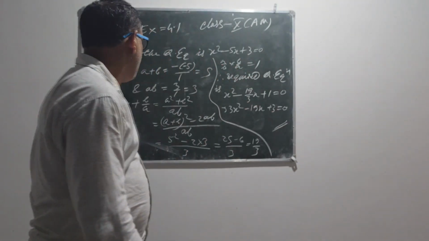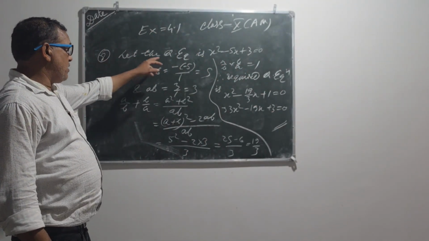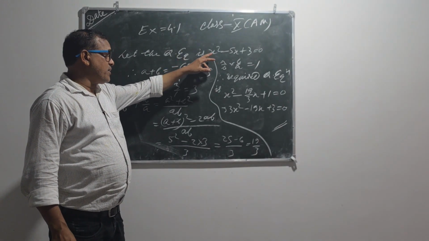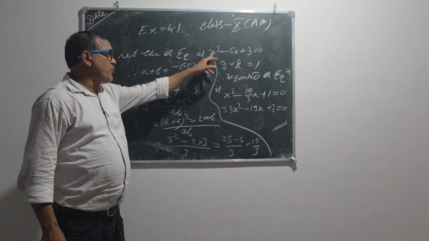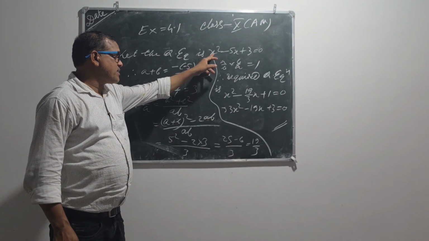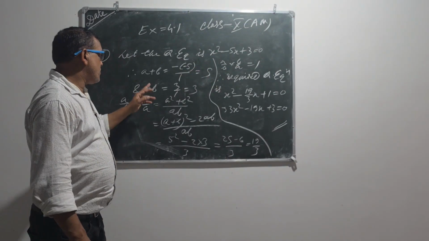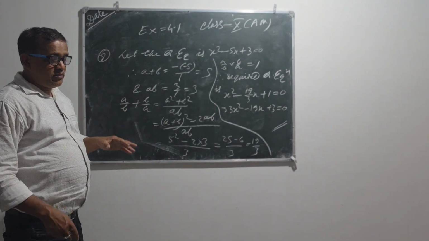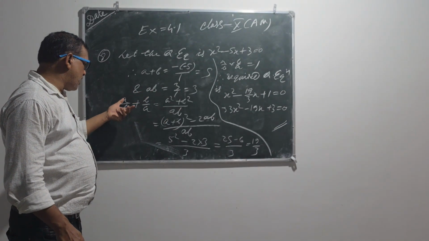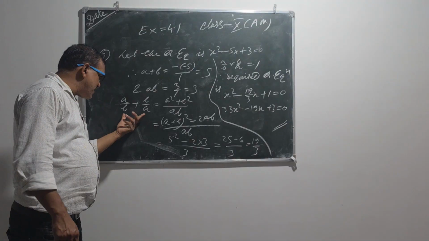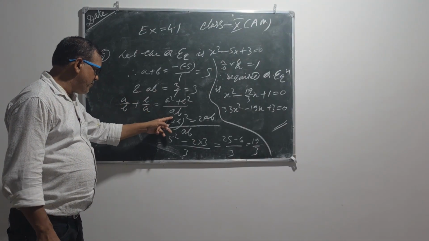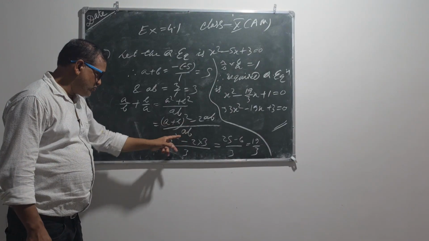If we are given an equation like this under the given condition, we can assume the equation as x square minus 5x plus 3 equal to 0, then sum of the roots is minus b by a, product of the roots is c by a. We have to find the equation whose roots are a by b and b by a. The sum of the roots a by b plus b by a, by taking the LCM, is a plus b whole square minus twice ab.